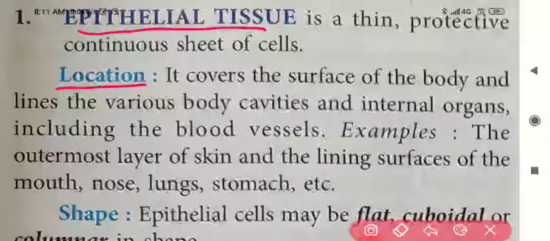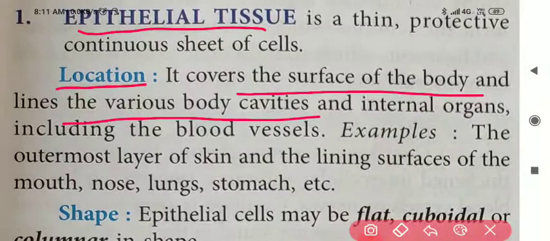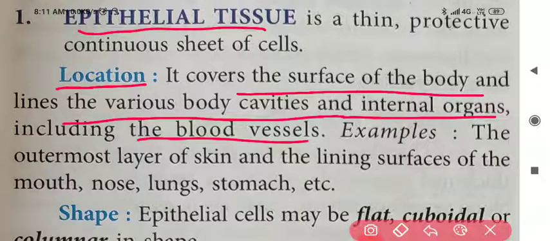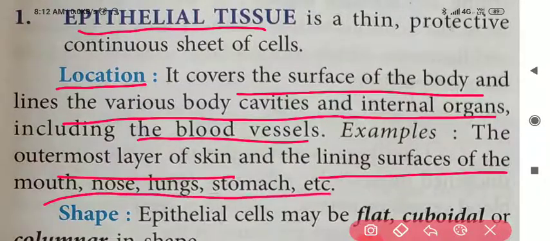It covers the surface of the body and lines the various body cavities and internal organs, including blood vessels. For example, the outermost layer of skin, the lining surface of mouth, nose, lung, stomach, etc.